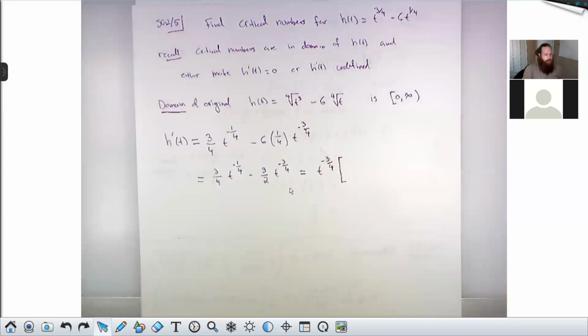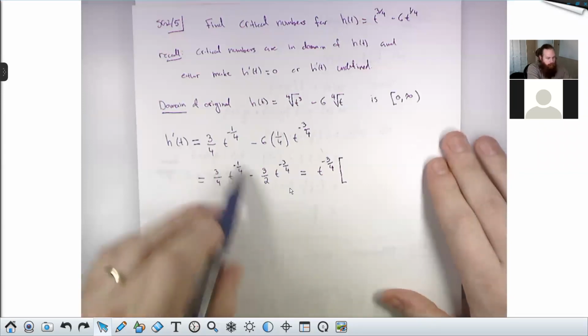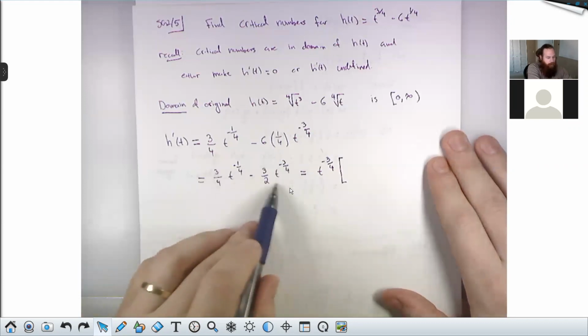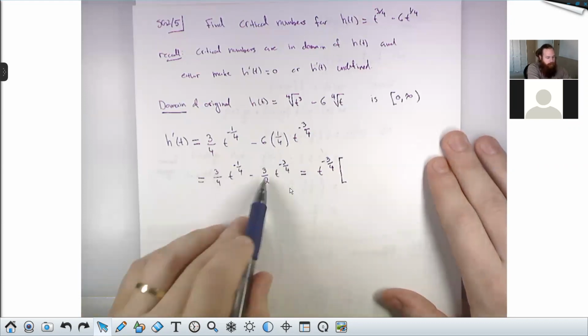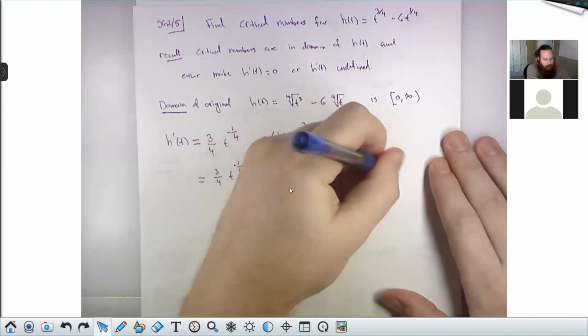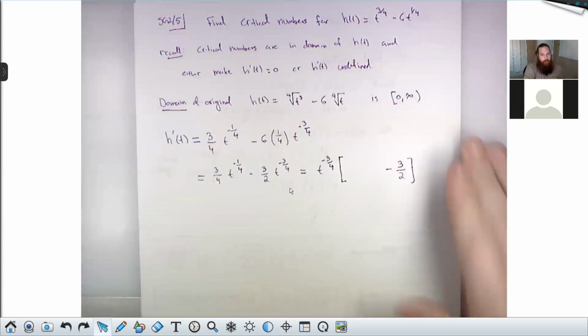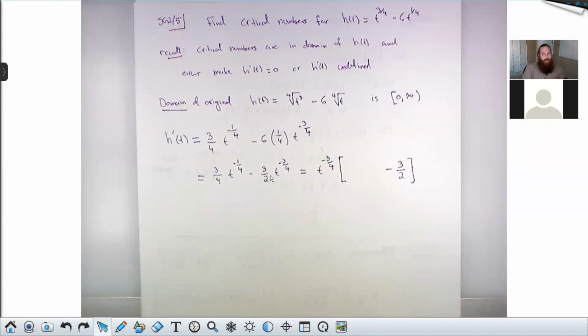And I ask, okay, when I do that, what's left over? I'm going to ignore this piece just for a moment and say, well, when I factor t to the negative 3/4 out of this piece, I'll just have 3/2 left. So I'll have minus 3/2 left from that piece. And then the question is, well, what about here?